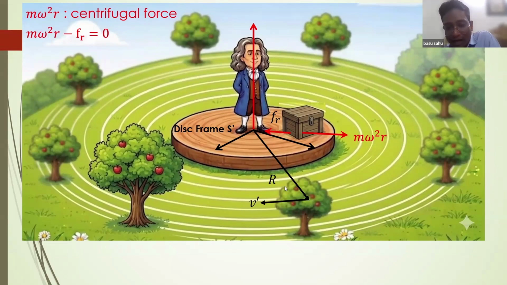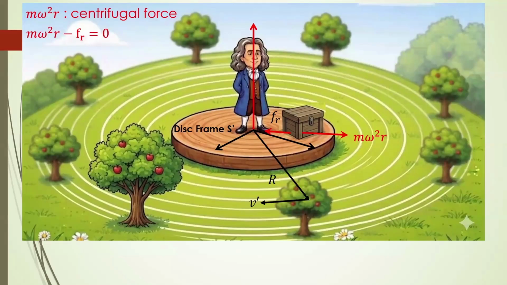But first tell me whether we are allowed to say anything about centripetal force in the frame of the disk. Are we allowed to say the tree has centripetal acceleration or centripetal force? No. Why not? Because it is now a non-inertial frame of reference.